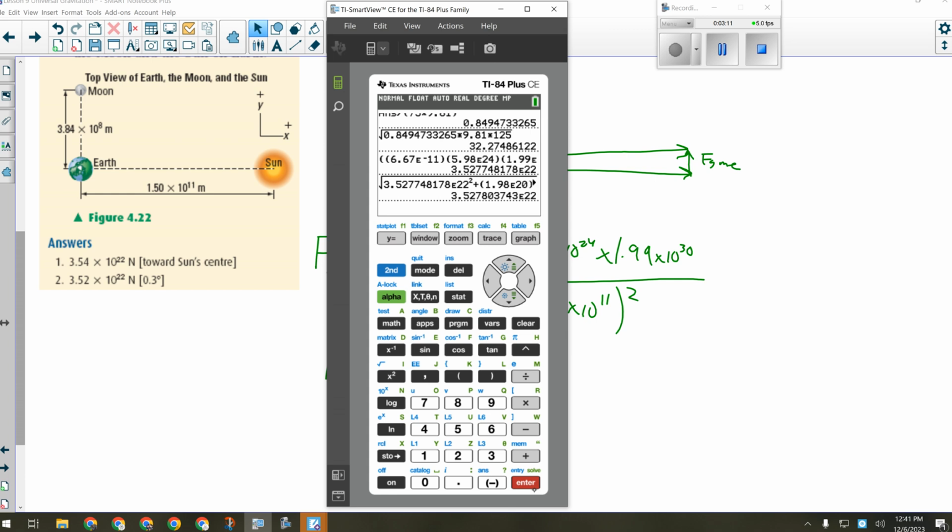Now if I wanted to calculate what the angle was, I would go inverse tan of the opposite, 1.98 E20, divided by the adjacent side, which would be this number. And I get 0.3 degrees away from straight to the sun.